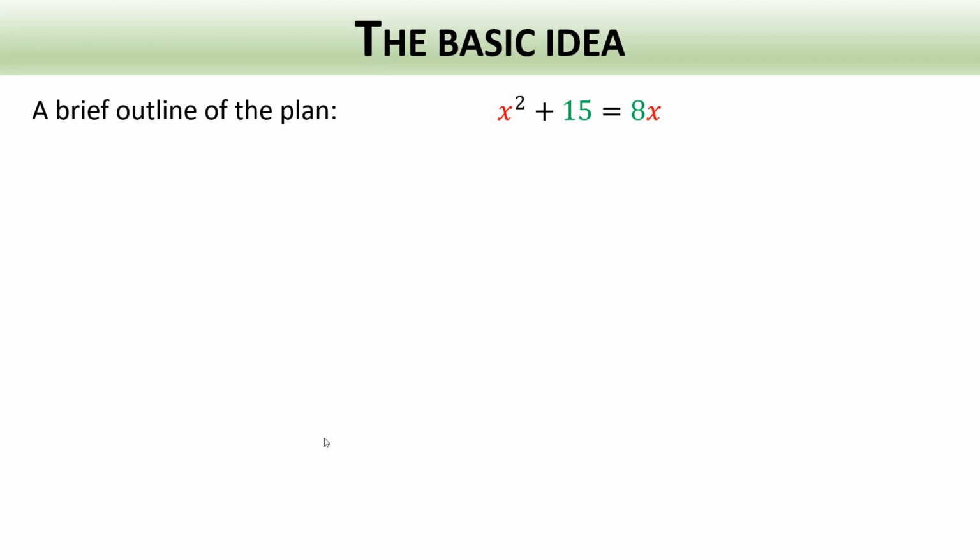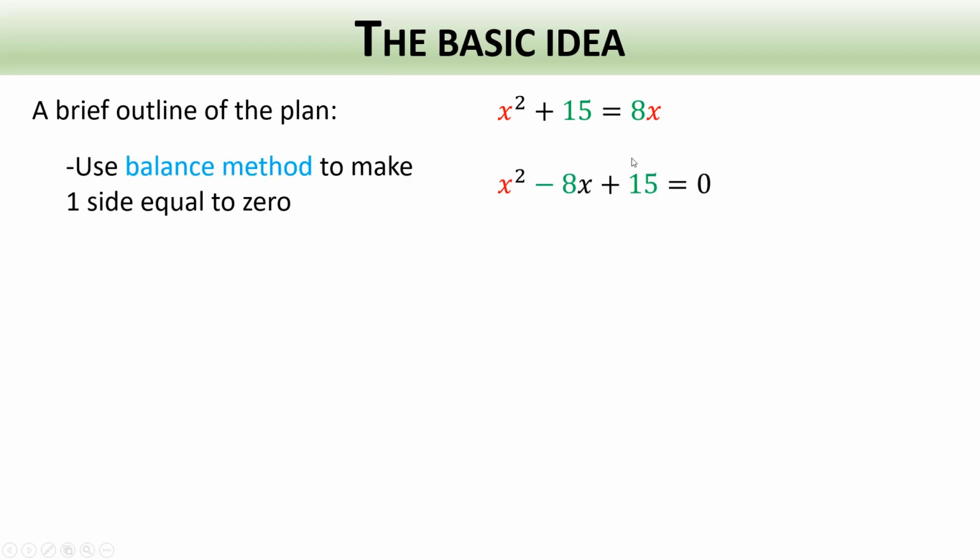So suppose we have a quadratic equation like the one we just saw, x squared plus 15 equals 8 times x. The first step is to remove every term on one side so that one side becomes 0. So in this case, we can subtract 8x from both sides, and then the right side becomes 0. And then it looks like this.